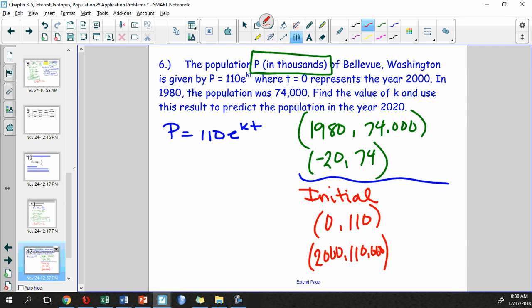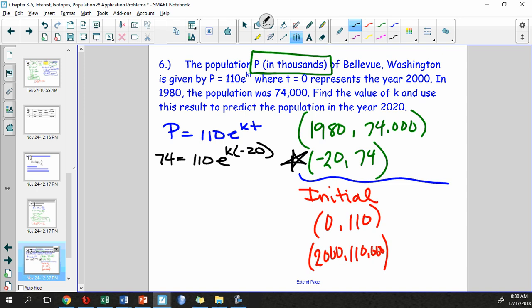Do you understand that? So I need to find the rate at which this thing is growing. So how would I go about that? I'm going to use this right here. So I'm going to have 74 as my balance of my population is equal to 110e to the k, which is going to be known as my rate, and this is going to be -20. Okay, why am I doing that?